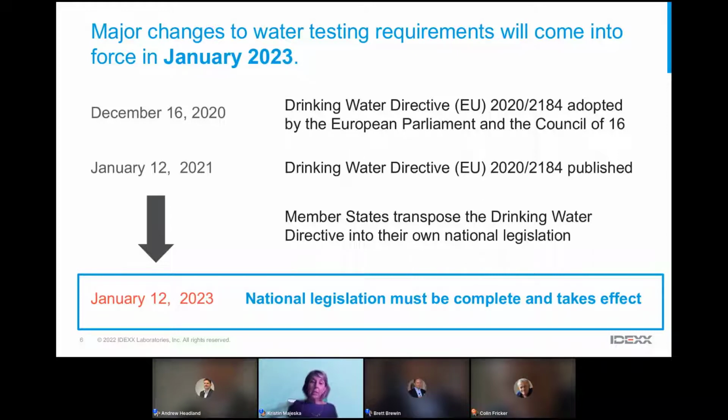Now, it's important to note that any member country has the option to implement this directive with the specific requirements or their own requirements, as long as they are more stringent than what the directive requires. This directive is just a minimum.